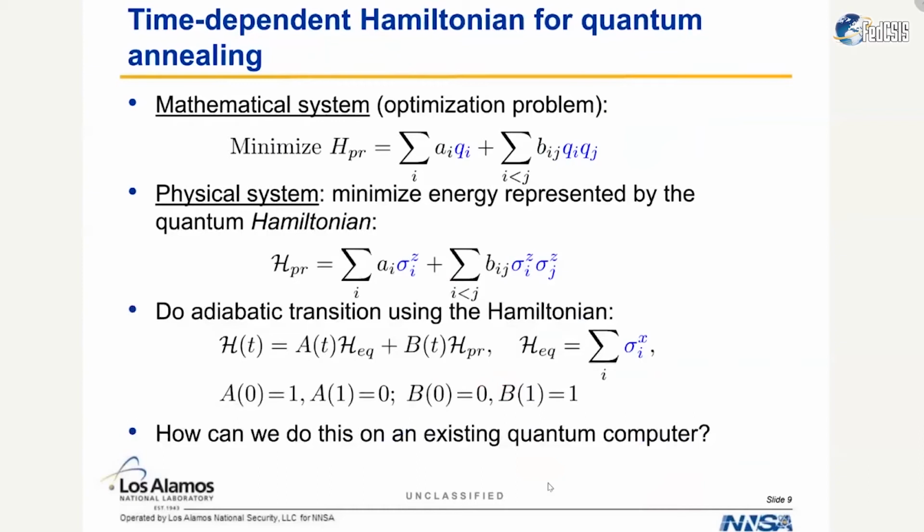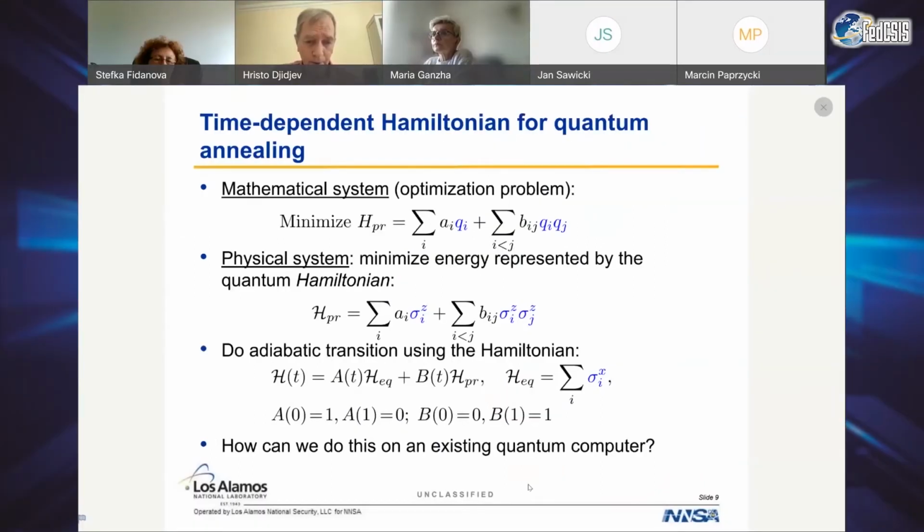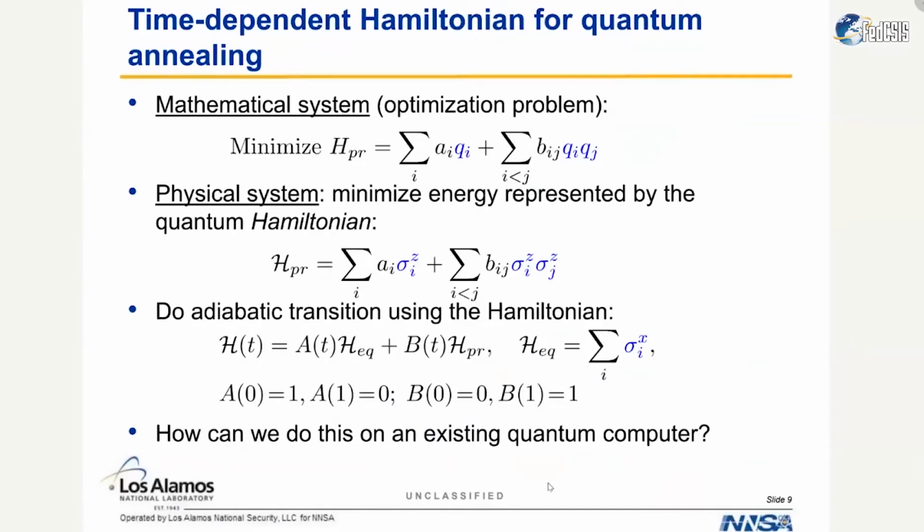So we have such a problem to solve, and we can design a so-called Hamiltonian operator that has a similar form to the mathematical problem, but instead of the variables, we have those so-called Pauli-Z type of operators. What it means is that this type of operator describes a quantum system that represents our mathematical problem.